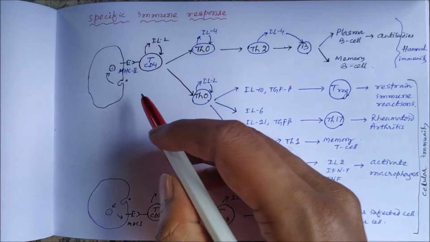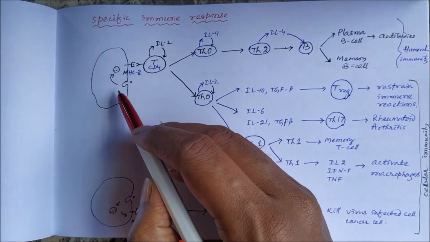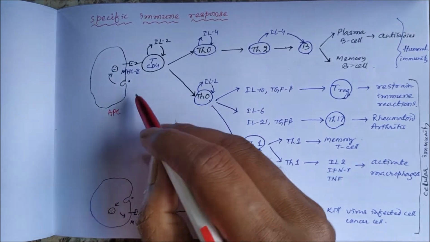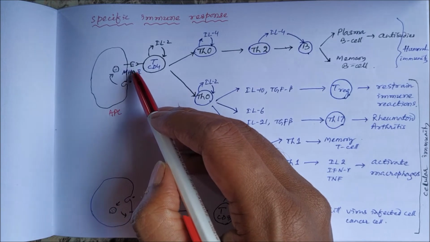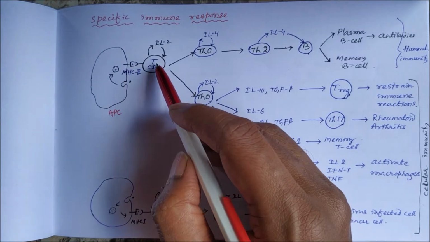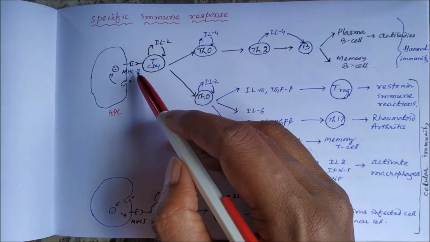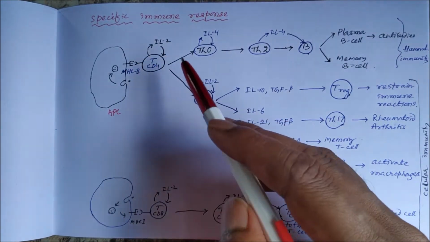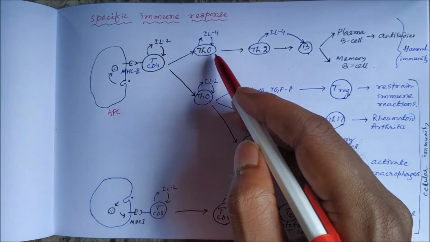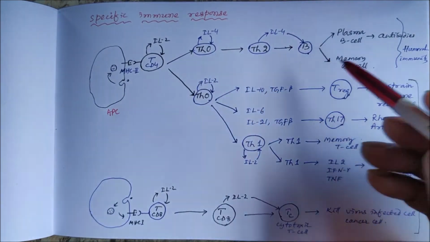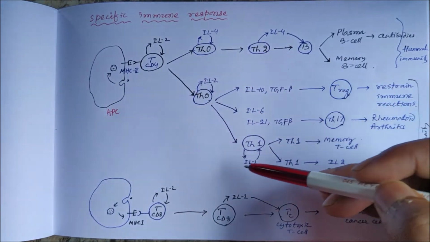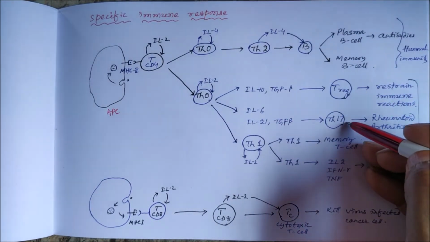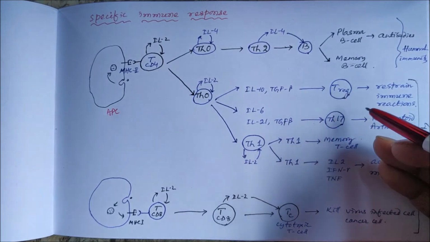And let us see here, when the antigen presenting cell on its surface shows major histocompatibility complex 2, T lymphocytes with CD4 recognize them, and there will be autocrine action of interleukin 2, which will differentiate them into T helper naive cells, which again can be differentiated into T helper 2 cells or T helper 1 cells or T helper 17 cells or regulatory T cells.